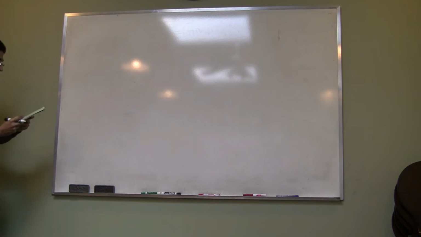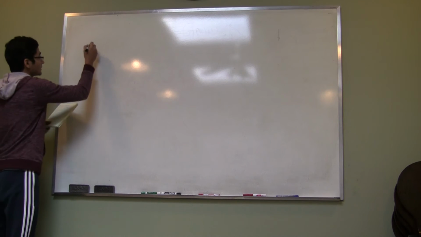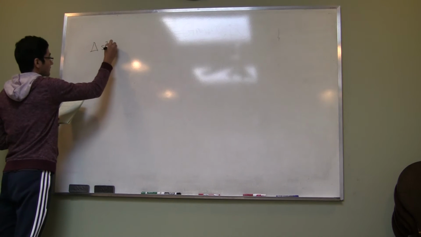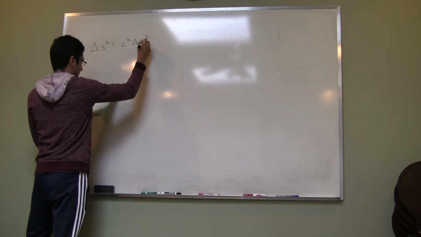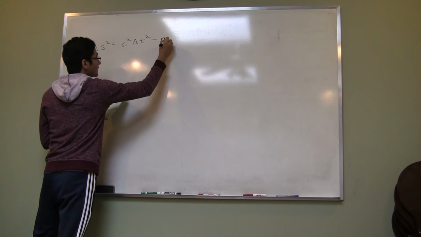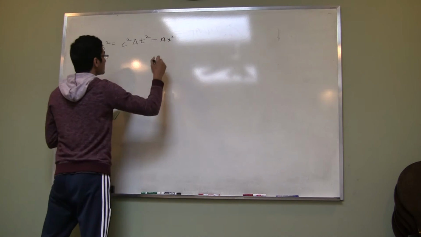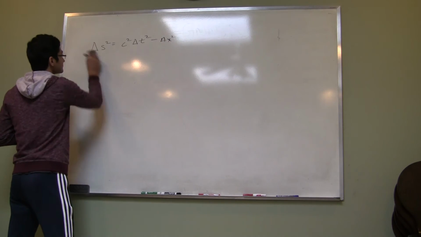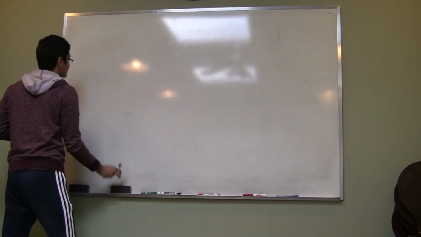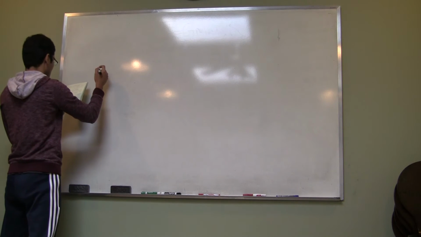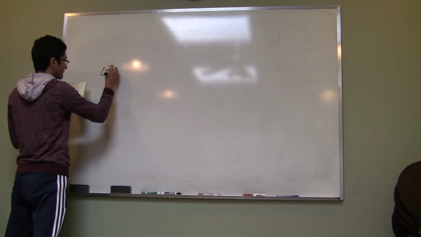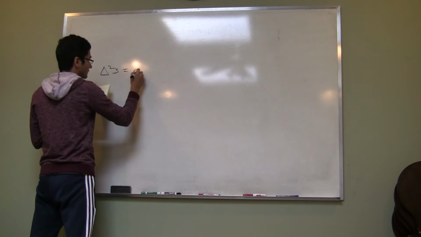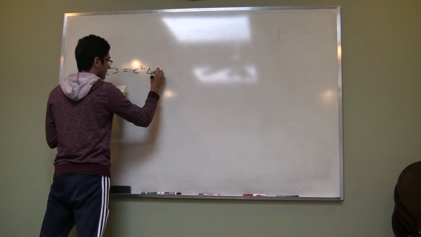And then there's the invariance of the interval, where delta s square is c square delta t square minus delta x square. Those should be deltas. Let me just write it here.